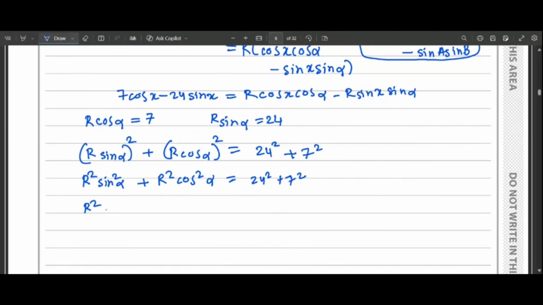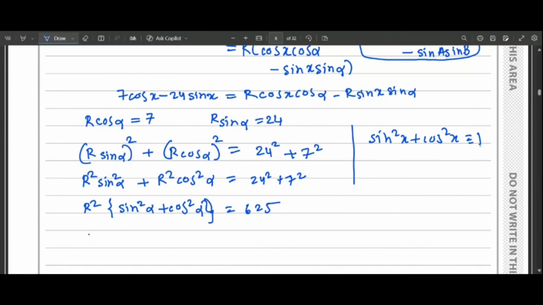Now if we take r square common, we get that sin square alpha plus cos square alpha is equal to 625. Now if we try to remember the identity, sin square x plus cos square x is equal to 1, this identity can be used here.